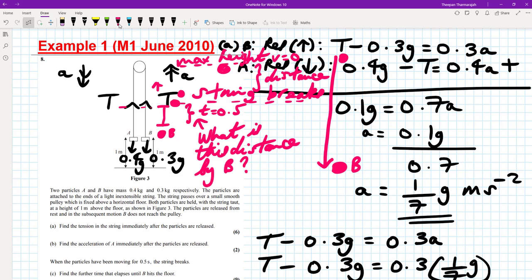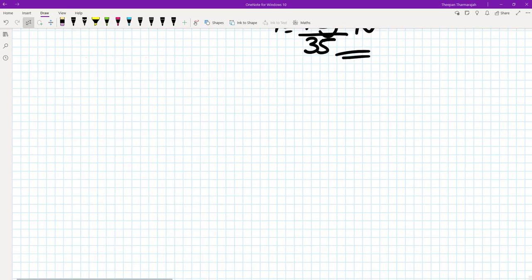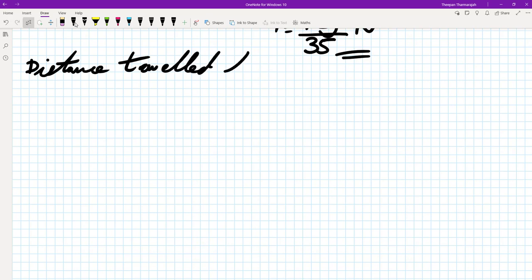So let's first of all work out the distance travelled by B in the first 0.5 seconds. We're going to do that by SUVAT. So this part is the distance travelled by B in the first 0.5 seconds.